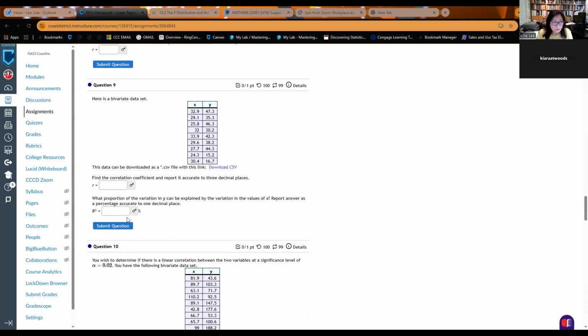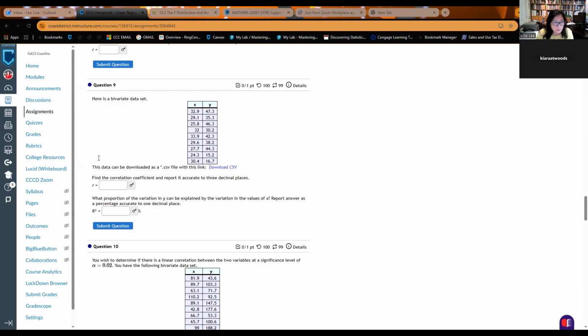It tries to determine how many percent of the variation in Y can be explained by the variation in the value of X. When we change X, Y changes. And it shows how good our regression line is, how many percent of the variation can be covered.